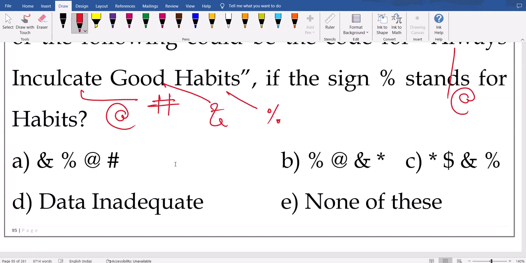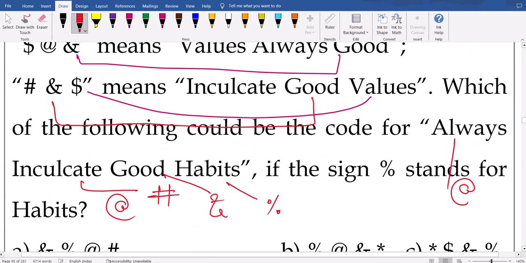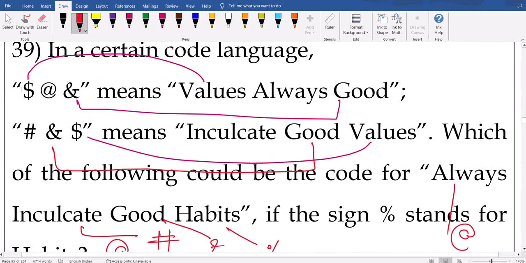Option A, but is the position also the same? Position does not match, because if you observe here, value dollar, place same. For "good", and, here also "good", and. Place and position are the same, maintained as it is, no disturbance in that.